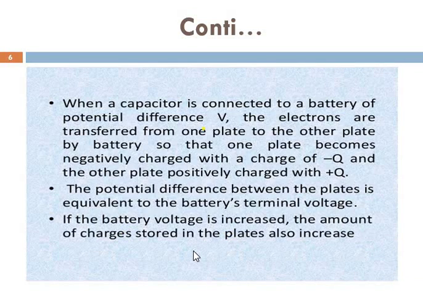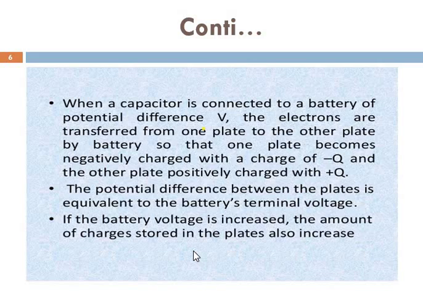When a capacitor is connected to a battery of potential difference V, electrons are transferred from one plate to the other plate, so that one plate becomes negatively charged with a charge of minus Q, and the other plate becomes positively charged with plus Q. The potential difference between the plates is equal to the battery terminal voltage.